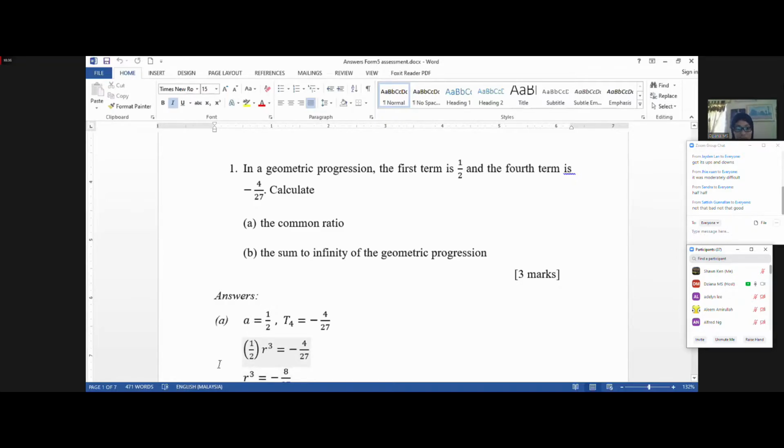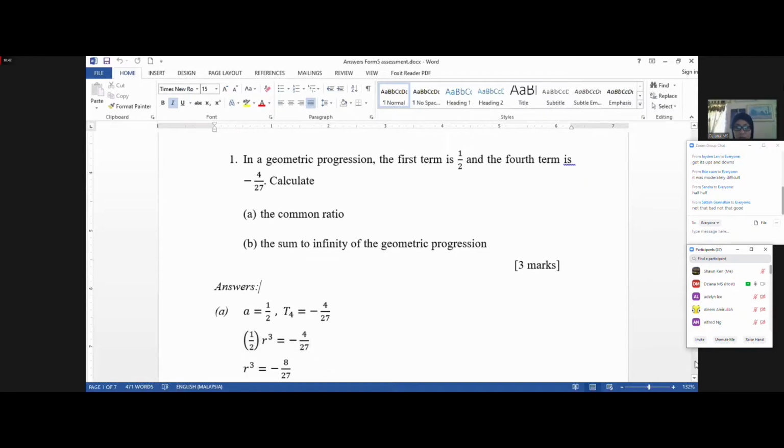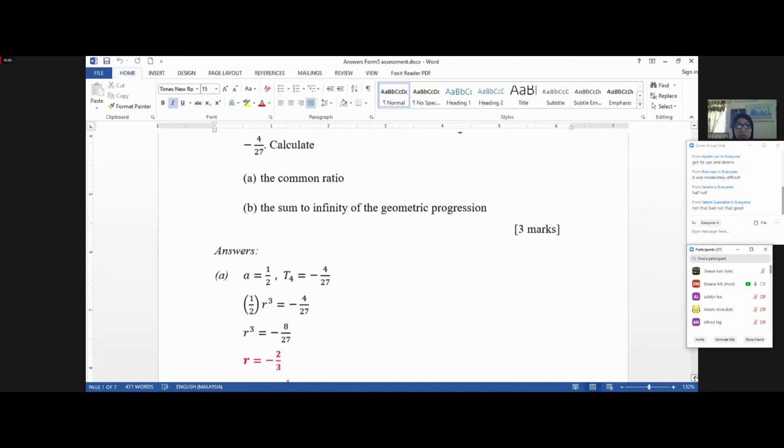So A is half, R you don't know, n minus 1 is 3, equals -4/27. Just substitute whatever you have, and then you have R to the power of 3 equals -8/27, and R equals -2/3.